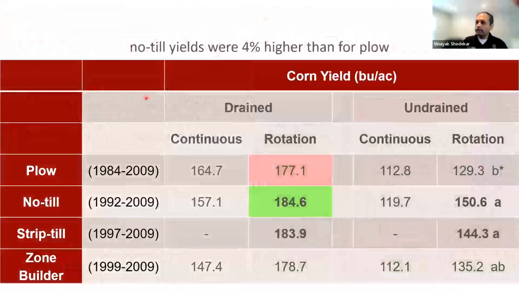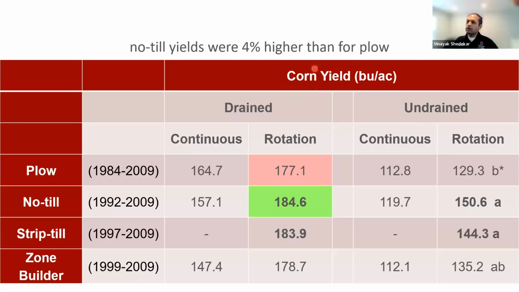They had plow tillage, no-till, strip-till, and zone builder as tillage practices. There was continuous corn and a crop rotation of corn and soybean. And the good news was this was done on drained plots as well as undrained plots.